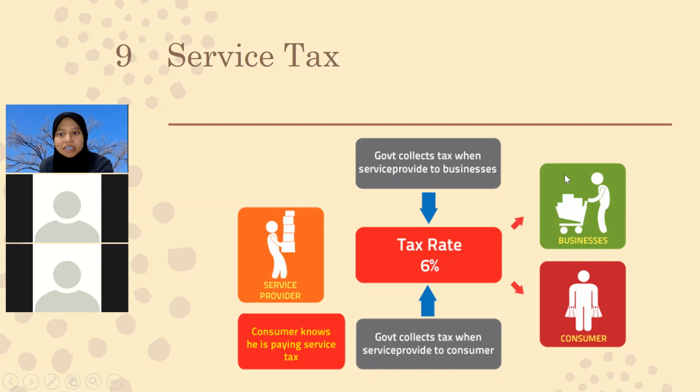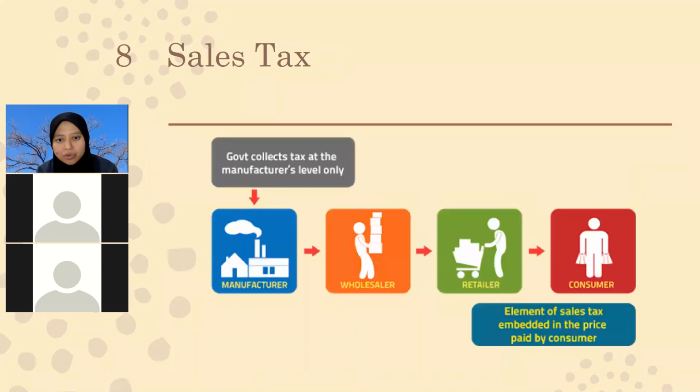As a service provider, they will charge 6% service tax to their customer. So the consumer knows he is paying service tax because this is direct between two parties, the service provider and the consumer. In the invoice, it will be shown exactly how much the service tax is. But for sales tax, we don't know exactly how much.